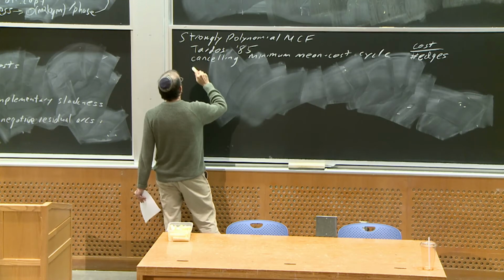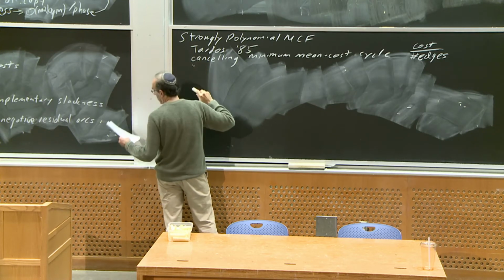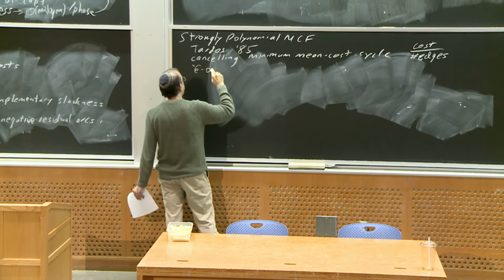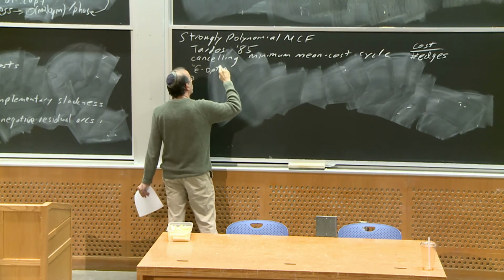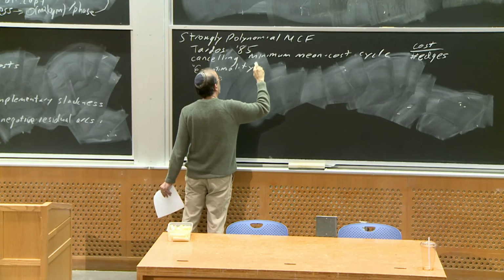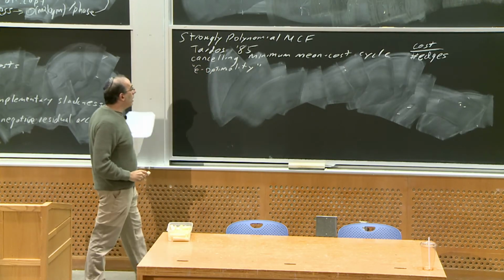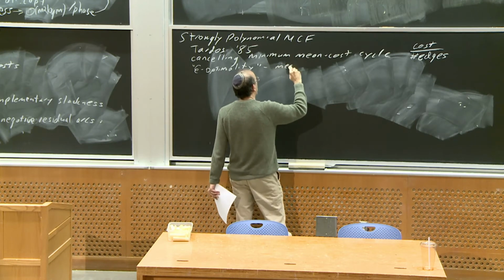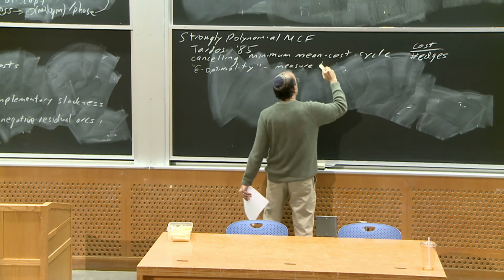So she uses this idea, which she calls epsilon optimality, which is to basically use the complementary slackness ideas to give you a measure of how close you are to the optimum.